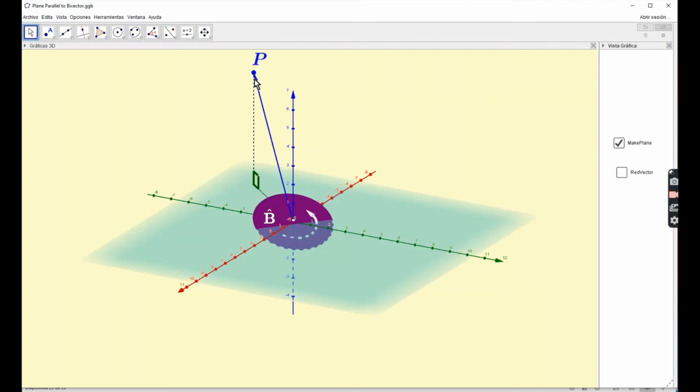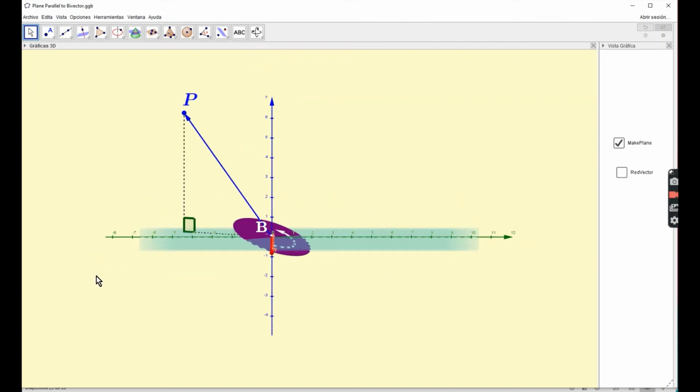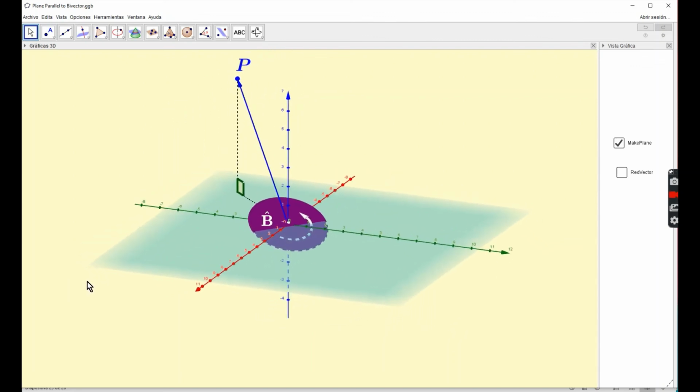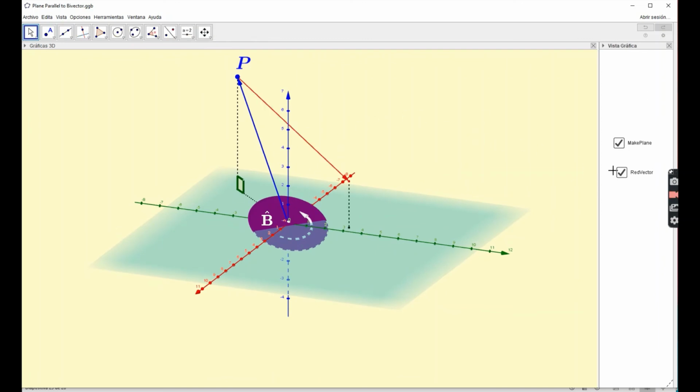Here's our given point P, and in geometric algebra there are very convenient, very efficient ways to do this. We say, all right, the plane that we want through this point and parallel to this bivector contains only those vectors that are parallel to the bivector itself.